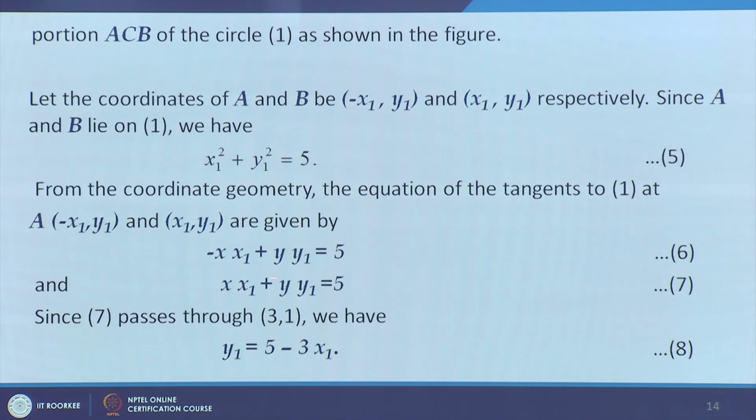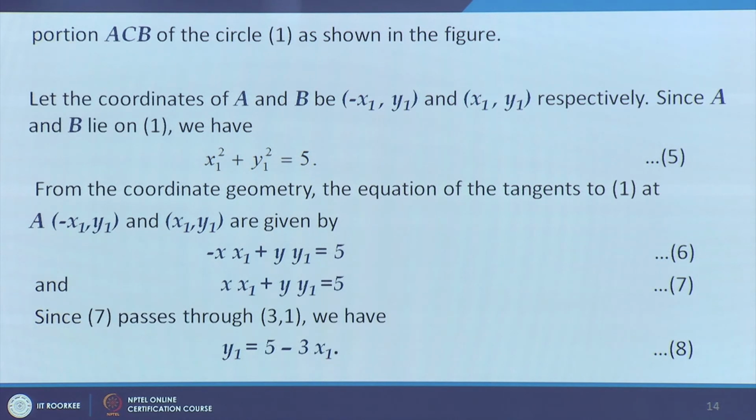Now, this x1 x plus y1 y equal to 5 also passes through the point P2 which is (3, 1). So, let us put the coordinates here, x equal to 3, y equal to 1. So, we get y1 equal to 5 minus 3x1.